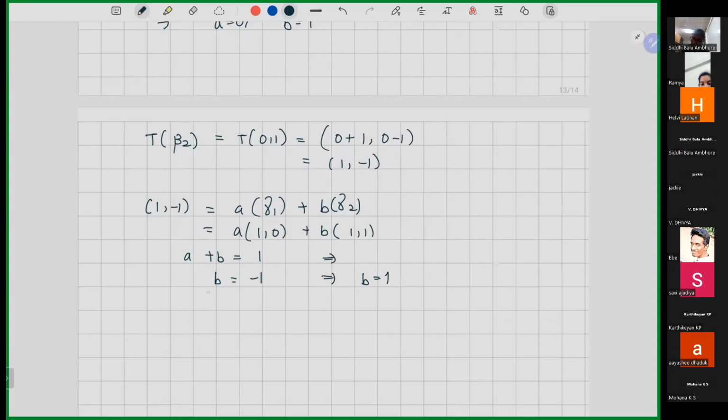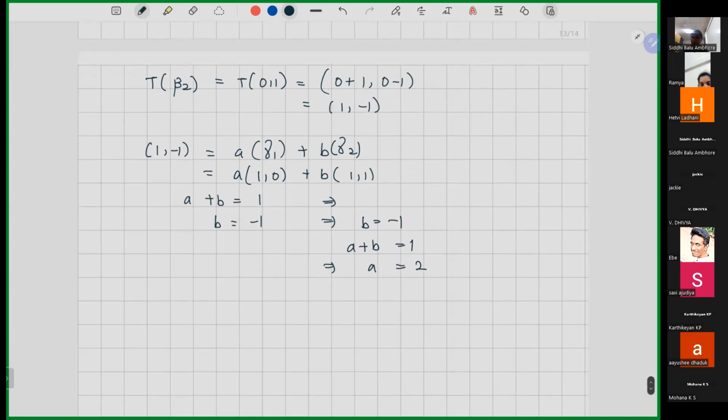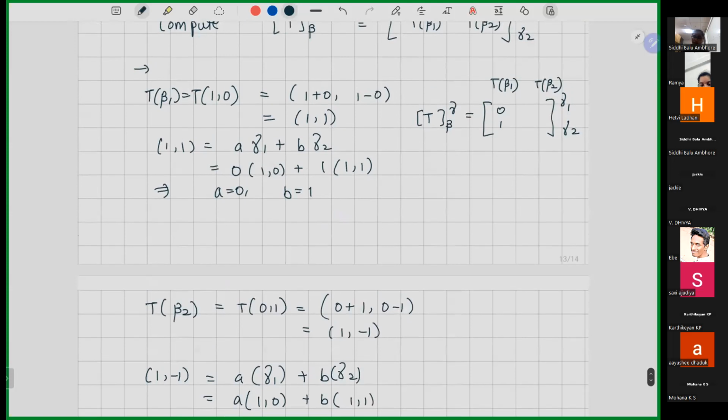It's not minus b, it's b is equal to minus 1, and then this will imply that a plus b has to be 1, so a will be 2. Okay, so in this case we are getting a to be 2.